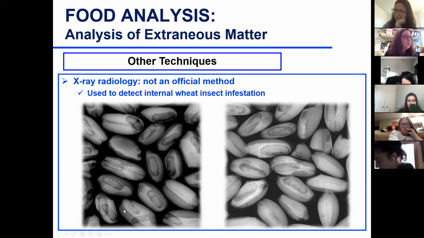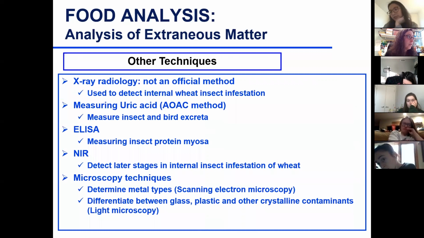So X-ray is used to determine this infestation and count the number of infested kernels. It's not an official method of analysis, but it is commonly used as a preventative measure for the amount of insects that wind up in your flour.